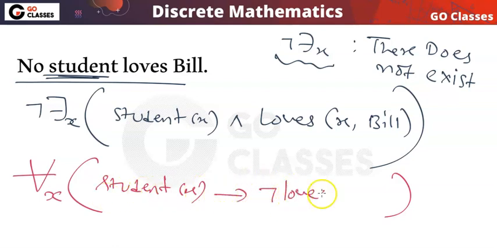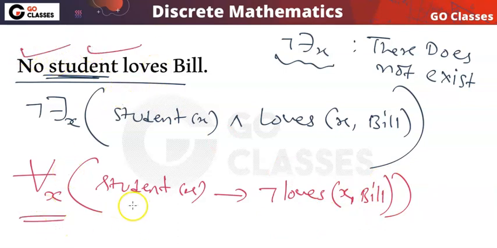Very simple. This is negation. So X does not love Bill. Okay, this is the point.